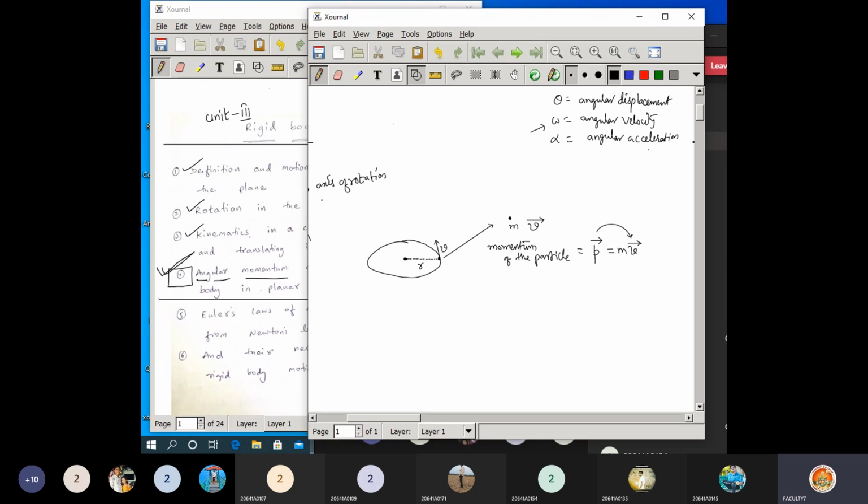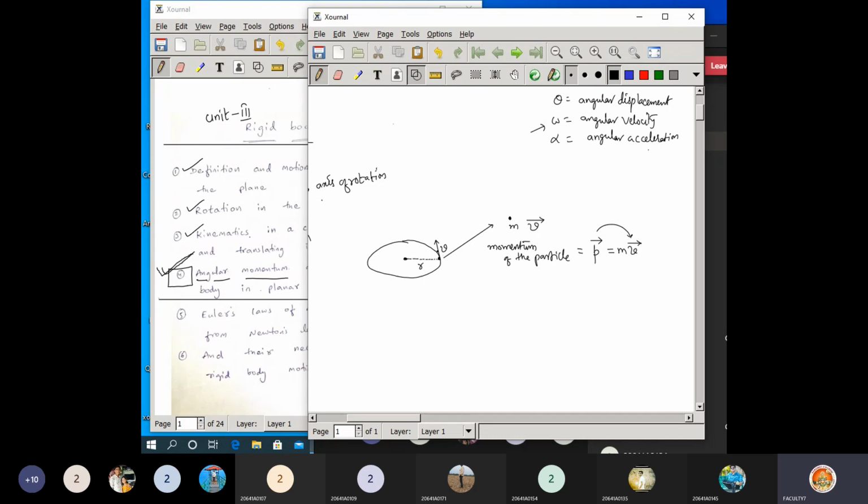Now what we are going to do, this particular point which is occupied by the particle has a momentum due to the motion. Now we are fixing this particle at a distance of r from the center, and we are going to apply a force here.